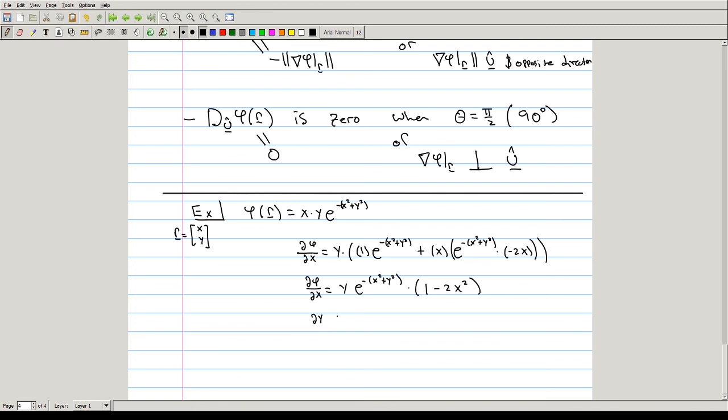The y partial derivative is calculated similarly, and we end up getting that d phi dy will be x times 1 minus 2y squared times e to the negative x squared plus y squared.